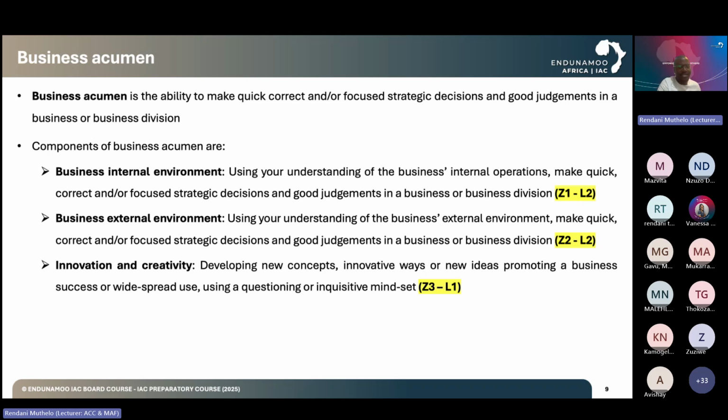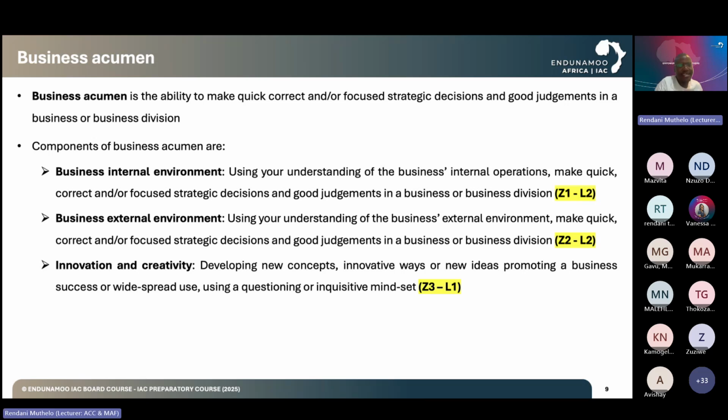When we talk about business acumen, the way they described it is: the ability to make quick and or focused strategic decisions and good judgments in a business or business division. The competencies under business acumen are: 1, business internal environment; 2, business external environment; and 3, innovation and creativity.